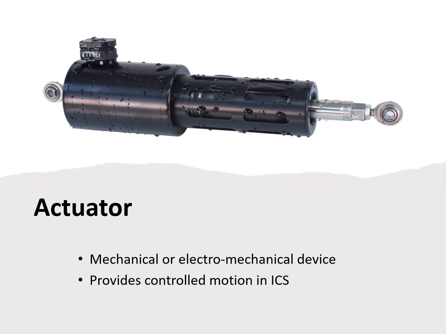Actuators are mechanical or electromechanical devices that provide controlled and sometimes limited movements in industrial control systems. The two basic motions of actuators are linear and rotary. Linear actuators, which work basically on a push or pull motion, are mainly used for positioning control.